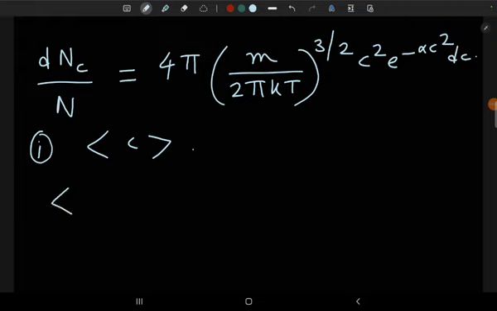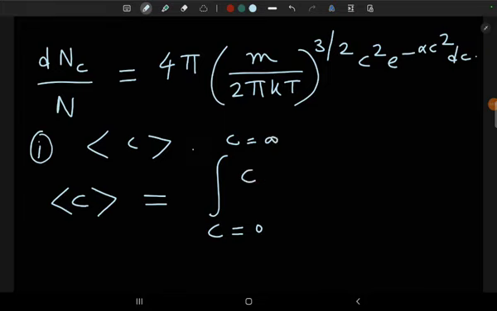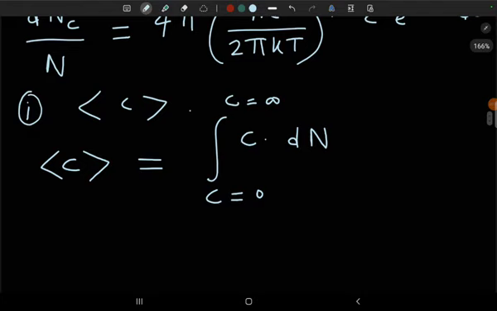To determine the average speed of the Maxwell speed distribution, we have to take the integral over all space, in this case c equal to 0 to c equal to infinity, of c times the number of molecules in the speed range c to c plus dc.